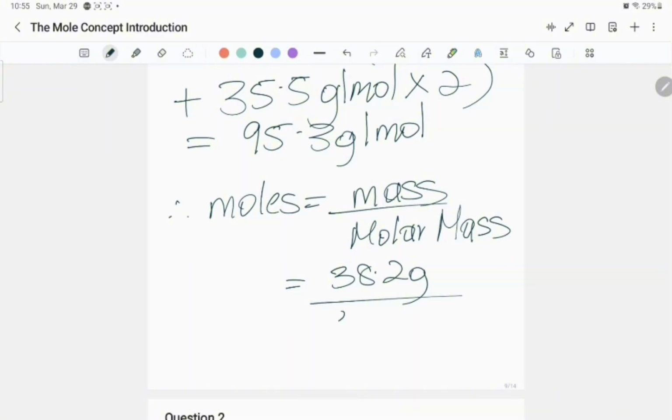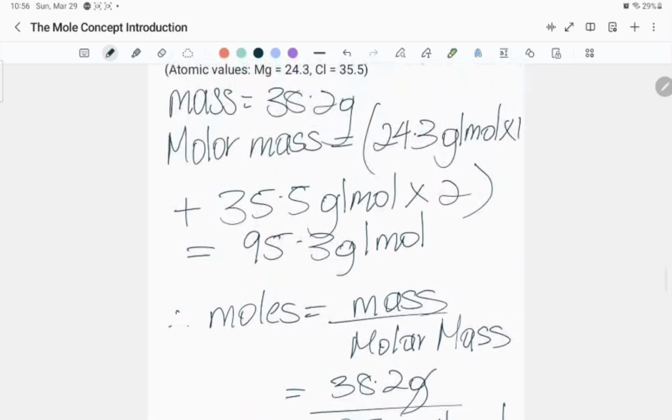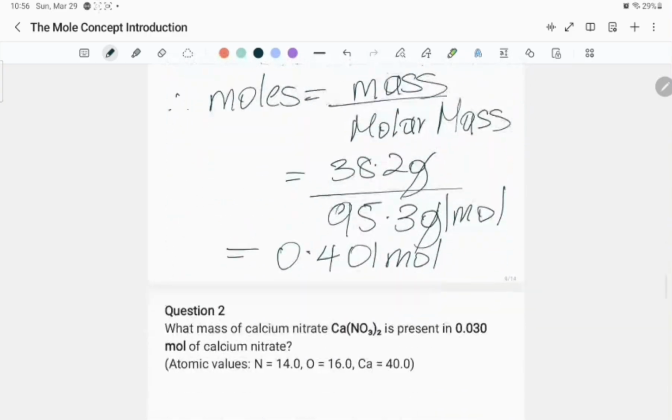And our molar mass is 95.3 grams per mole. Again, use your units to guide you through the calculations. Grams cancel out with grams, leaving us with moles alone. If we plug this into our calculator, the answer will be 0.401 moles. So that's the answer for the first question.